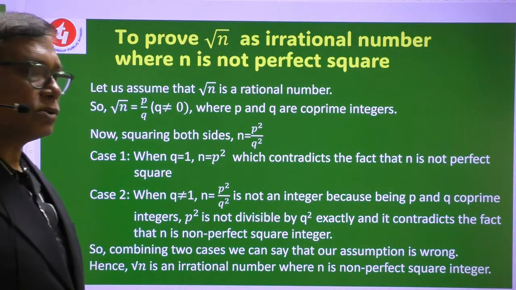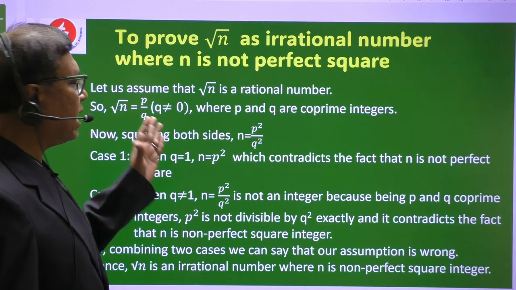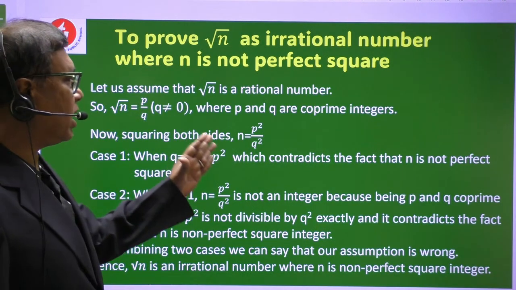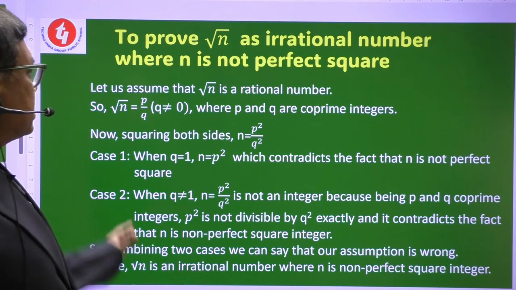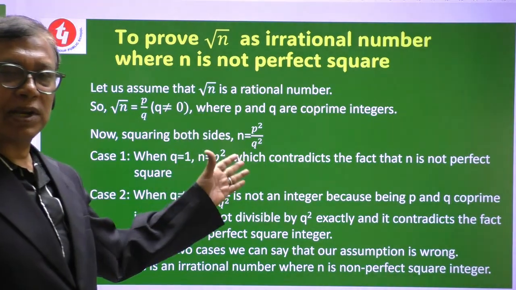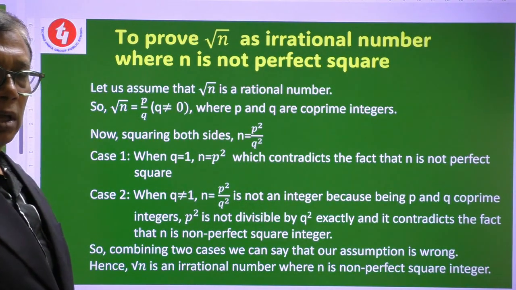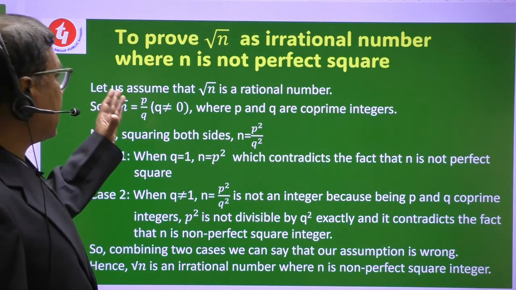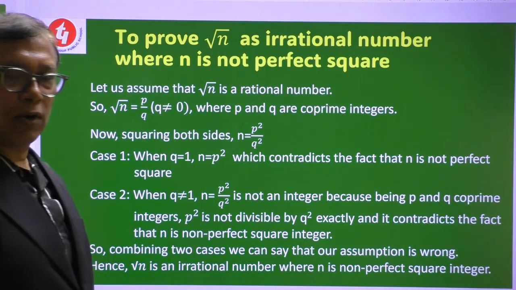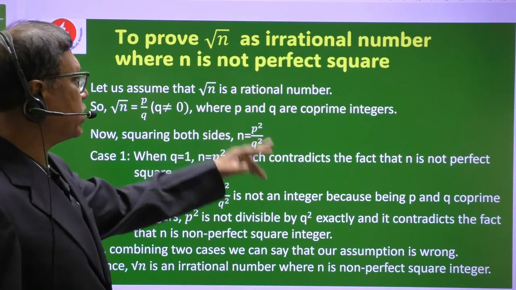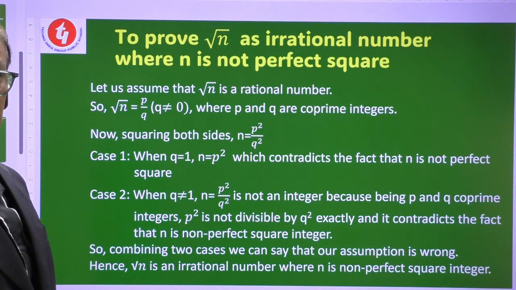What is the method? First we will assume root n is a rational number. And since we are assuming it is a rational number, it can be expressed in the form of p by q. And if I consider p by q in the lowest form, q not equal to 0, and p and q will be co-prime integers. Yes or no?